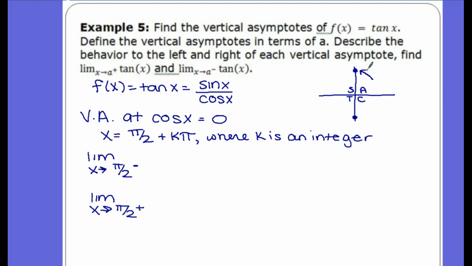And then for your window, since we want pi halves to be in the middle, let's make the x min 0 and make the x max pi. And then make your scale pi halves so that we're sitting right with pi halves in the middle. Tangent we know is infinite, so the negative 10 to 10 window scale is fine.